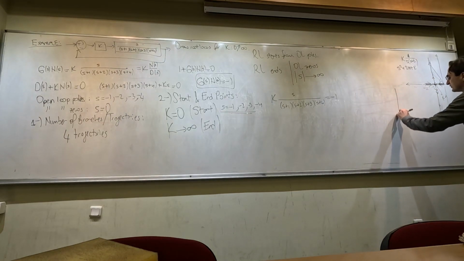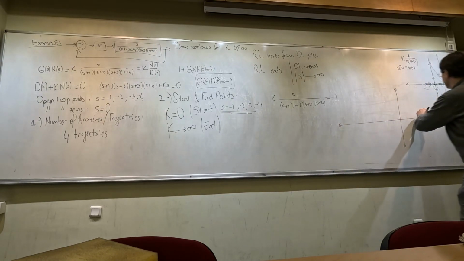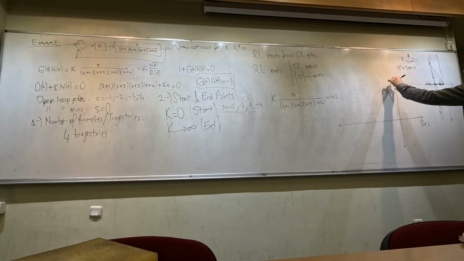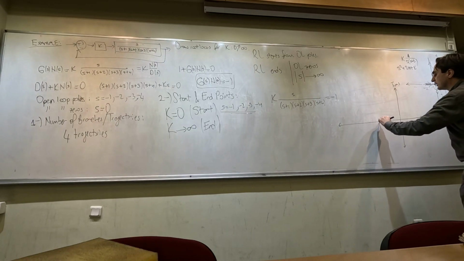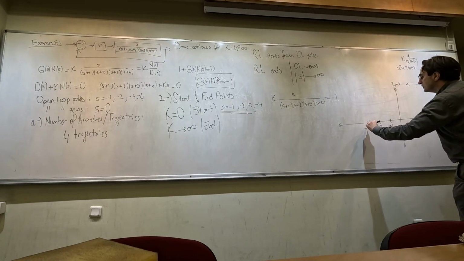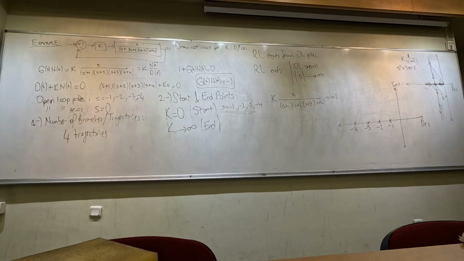So now let us try to look at the complex plane. So I have real of s, imaginary of s. We had 4 trajectories, and these 4 trajectories, they are going to start at -1, -2, -3, and -4. Okay? And there is an open loop zero here given like this.